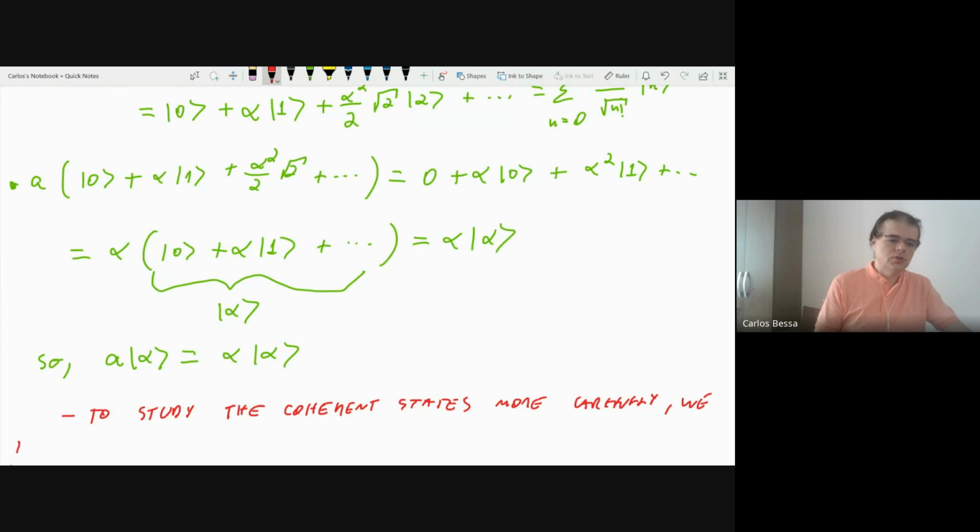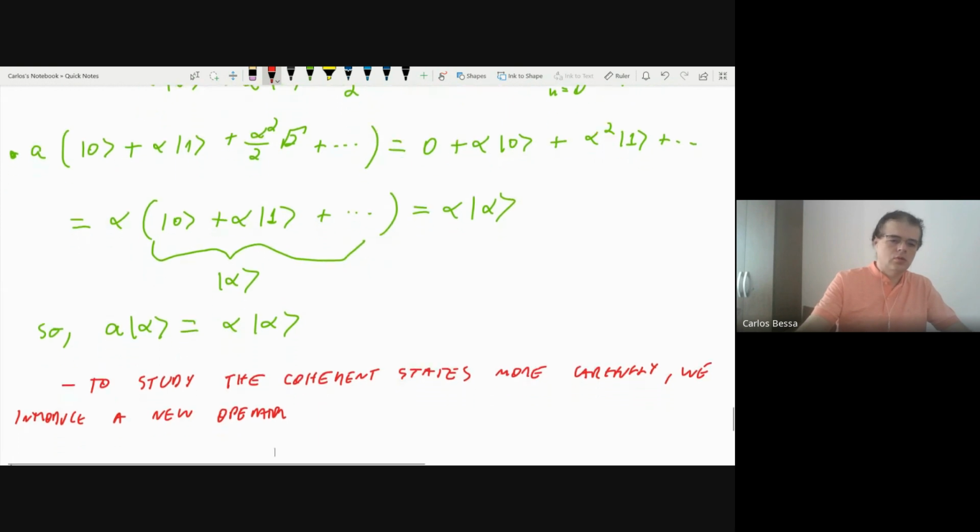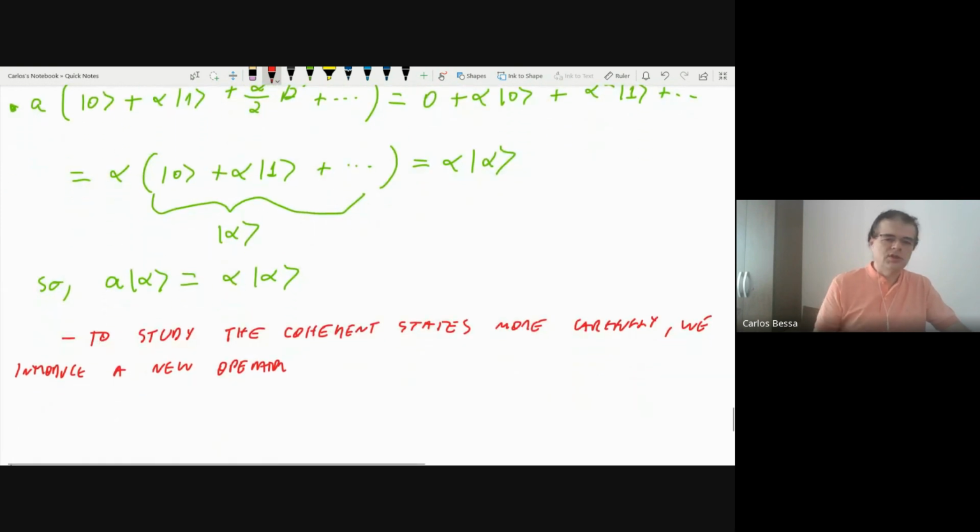Introduce a new operator that I'll call D of alpha, which is the exponential of alpha a dagger minus alpha conjugate a.